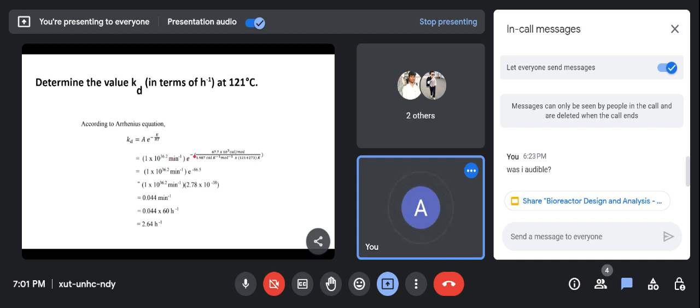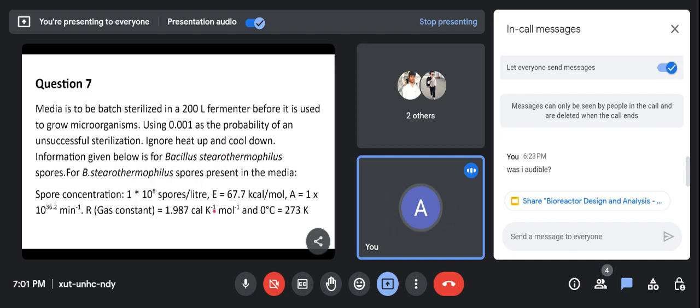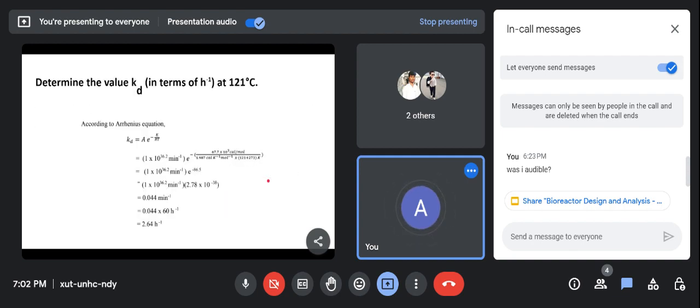You know the value of capital E, which is 67.7 into 10 to the power 3, because the value is given in kilocal, so you have to convert it into cal by multiplying by 10 to the power 3. And you know the value of R, which is 1.987 cal per Kelvin per mole, into the temperature. You have to convert 121 degrees Celsius to Kelvin by adding 273. So 121 plus 273 will give you the temperature in Kelvin.